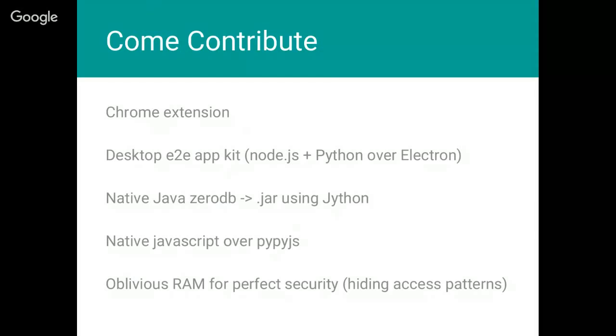Another interesting idea we've got from some people in the community is using ZeroDB with the Electron framework to build desktop end-to-end encrypted applications. And in Electron, you write desktop applications using Node.js.